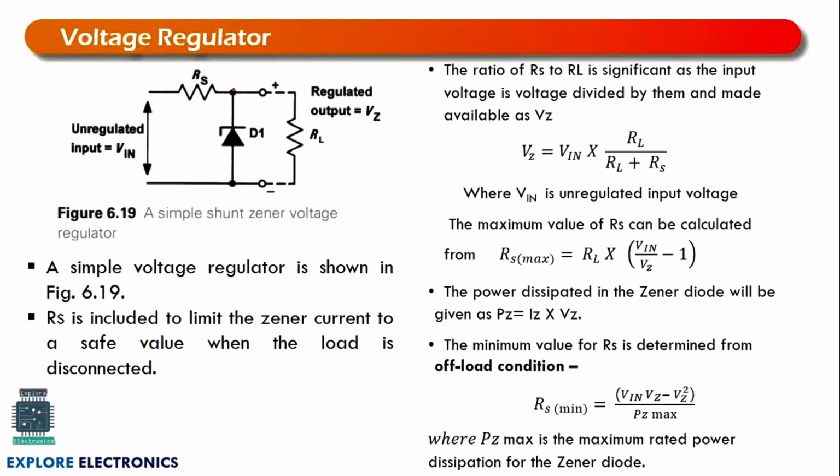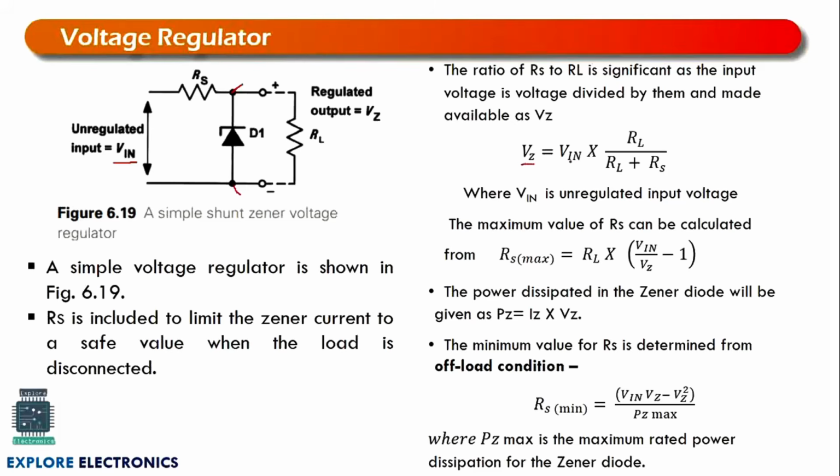From these two terminals, if we measure, we are going to get a voltage Vz for an input Vin. So this is a voltage divider kind of circuit, right? Here we will have RL across this, so across these two ends we are going to get the voltage Vz.